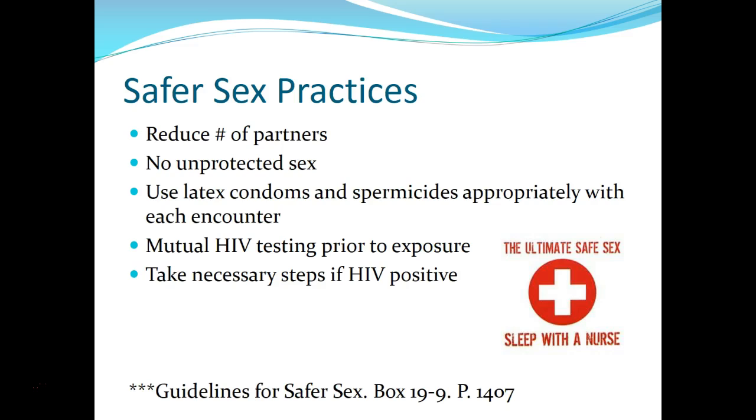We want mutual HIV testing to be done prior to having intercourse with someone, and take necessary steps if that partner, one or both, are HIV positive. There's a box on page 1407, box 19.9, that talks about guidelines for safer sex, and you can look at that.